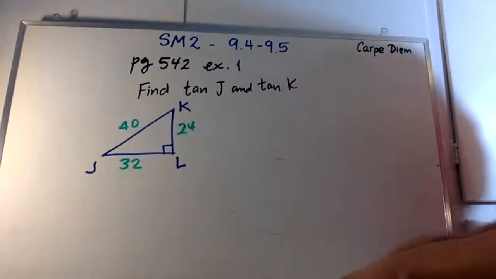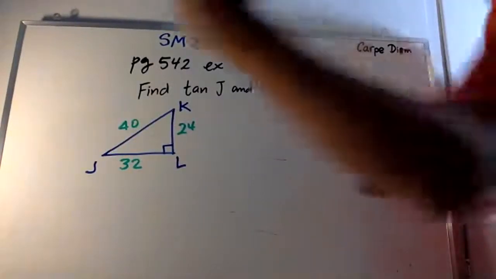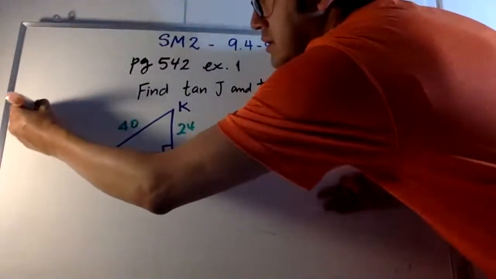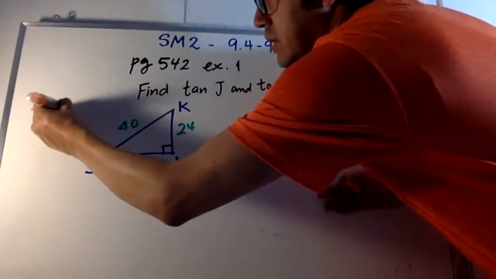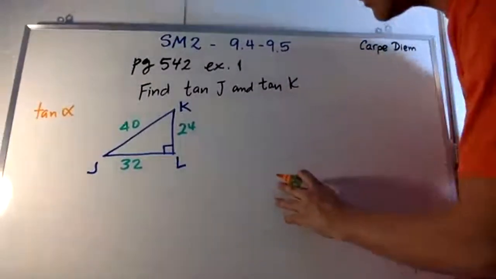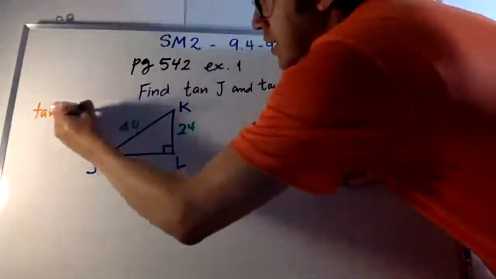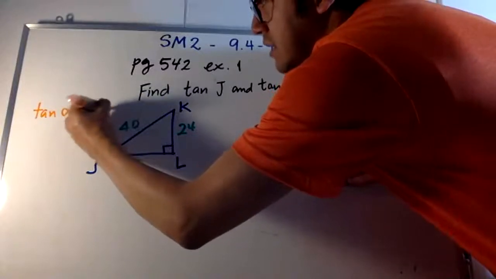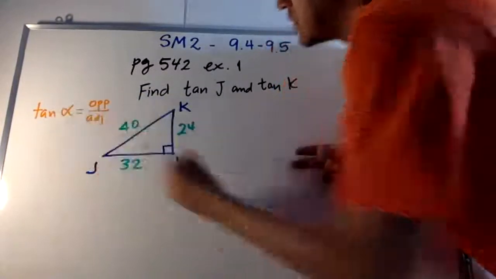All right, as a matter of reference, I'm going to write tangent of an angle, whatever angle. I'm writing the letter alpha, Greek letter, all right? That is opposite over adjacent.